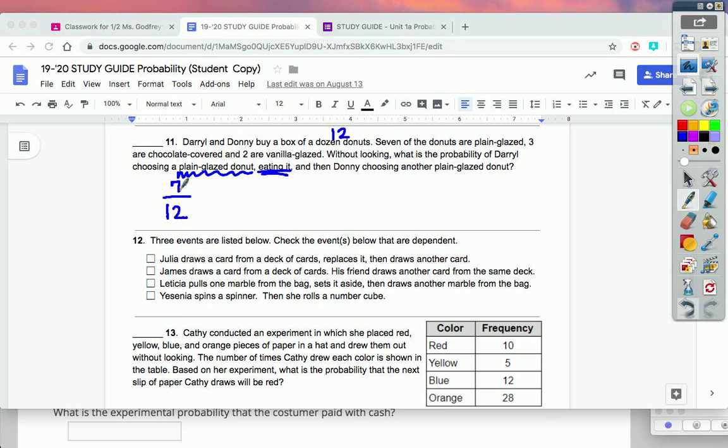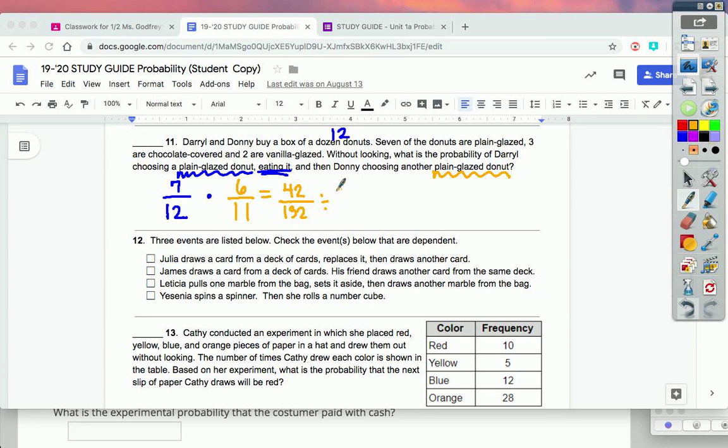That's the first event. We know we have to multiply that by our second event, which is Dunny choosing a plain glazed donut. Because Daryl ate one, we now only have 11 donuts for Dunny to choose from, and of those 11, 6 are plain glazed. So we multiply event 1 times event 2. 7 times 6 is 42, over 12 times 11, which is 132.